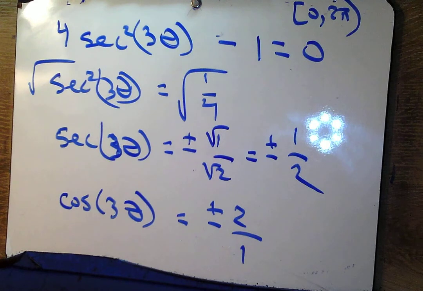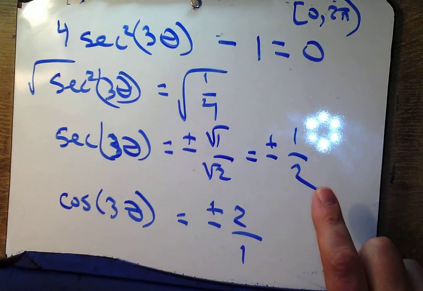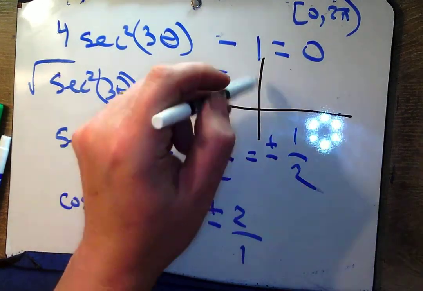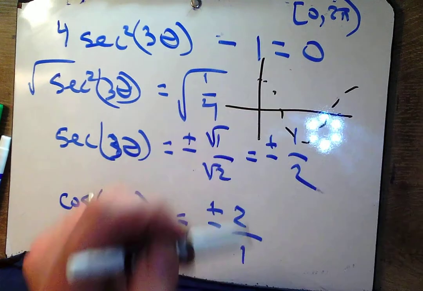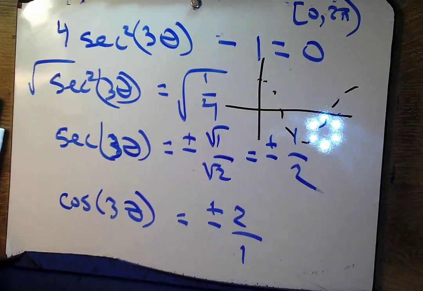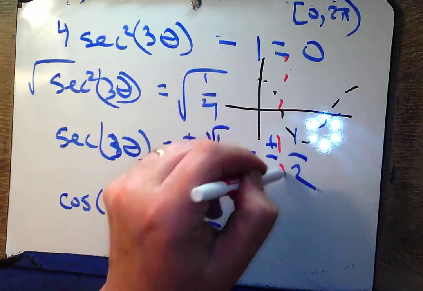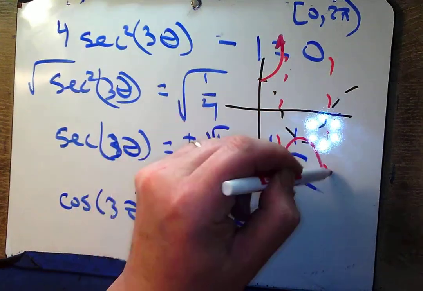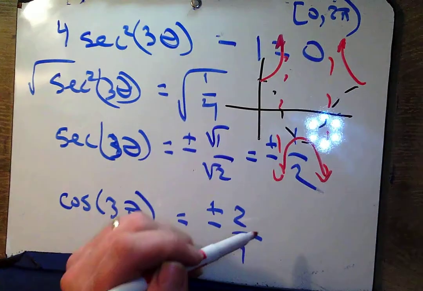Well, if we think about the situation graphically, let's go back to here for a minute. Our secant graph comes from cosine. And whenever cosine was equal to 0, or crossed the sinusoidal axis, we could draw in our secant graph.